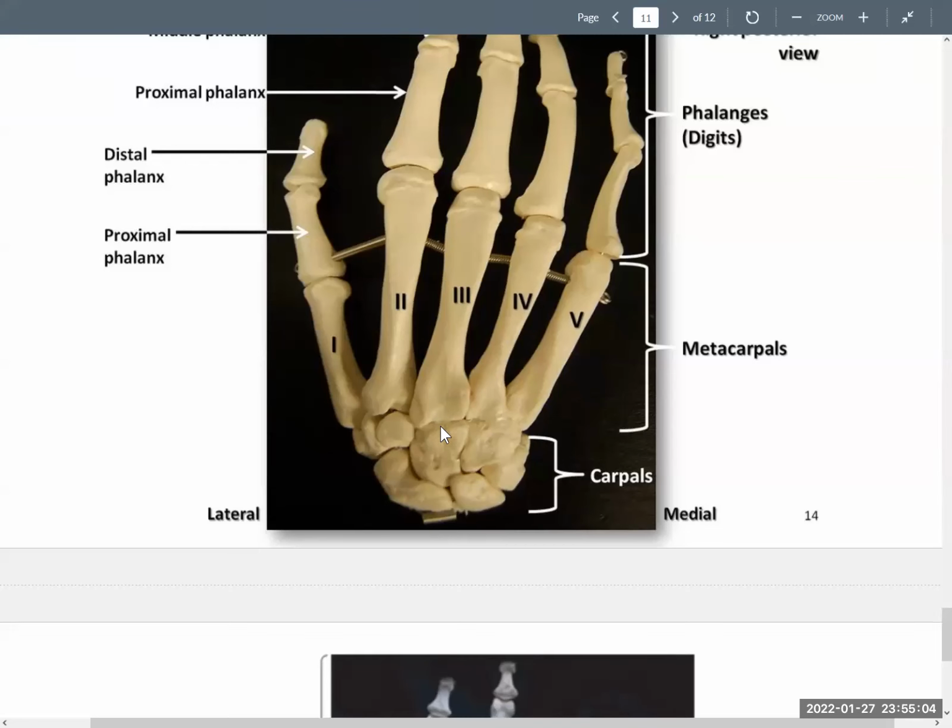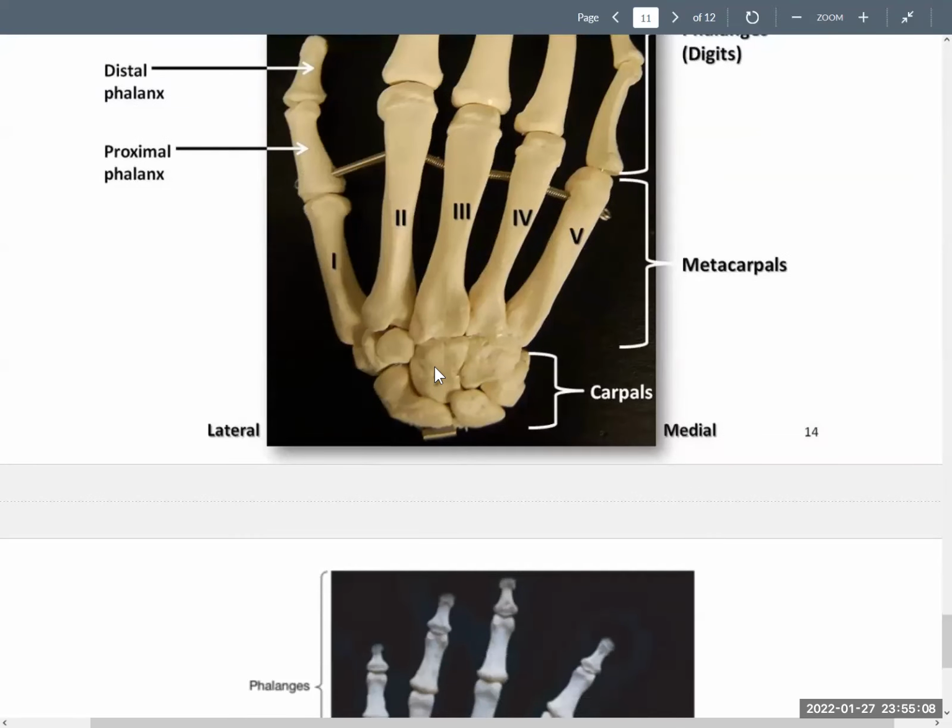Metacarpal 3 is the easiest, I think. It comes down and articulates with one bone, the capitate. Some people think that looks like a face. Okay, they got good imaginations, but it works. Metacarpals 4 and 5 together share this bone here. And this is the hamate.